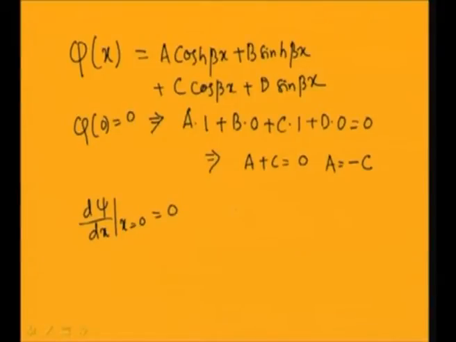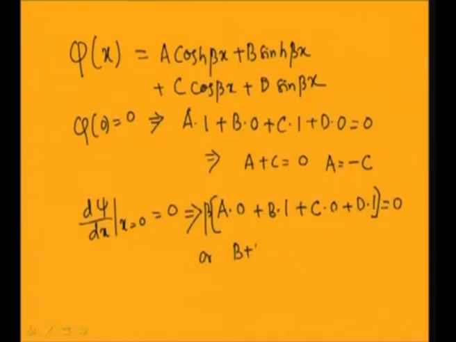This implies a into beta, sinh 0 equal to 0, plus b into cosh 0, which becomes 1, plus c into minus sin beta x, which becomes 0, plus d into cos 0, which becomes 1, equal to 0. From this I can write b plus d equal to 0.